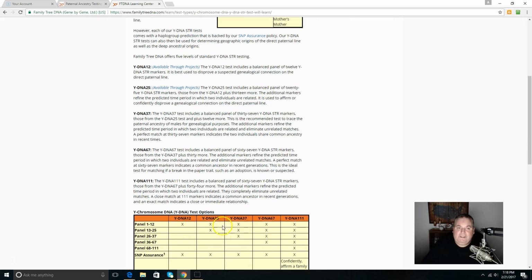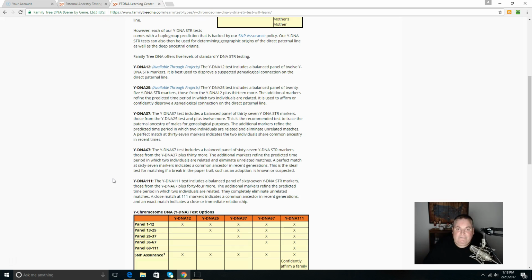So what they're talking about with these different levels of testing, they offer several different levels. There's a Y-DNA 12 test, which includes a balanced panel of 12 Y-DNA STR markers. It's best used to dispel a suspected genealogical connection on the direct paternal line.